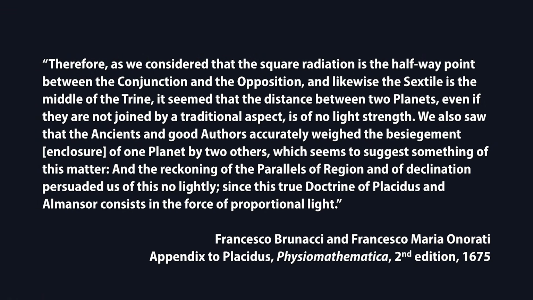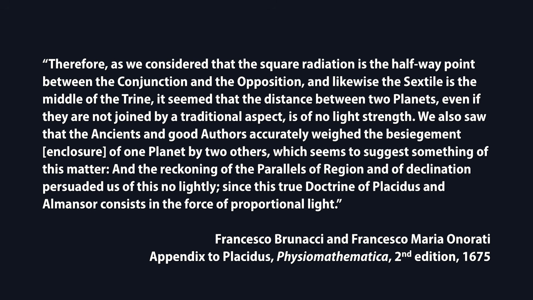They say, "Therefore, as we considered that the square radiation is the halfway point between the conjunction and the opposition, and likewise the sextile is the middle of the trine, it seemed that the distance between two planets, even if they are not joined by a traditional aspect, is of no light strength.